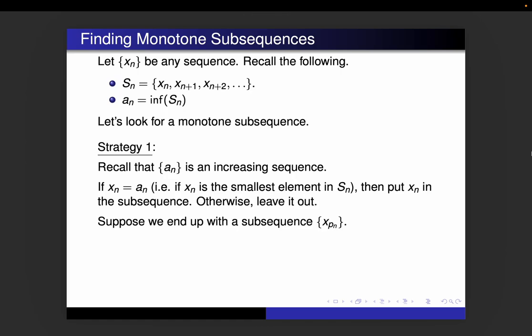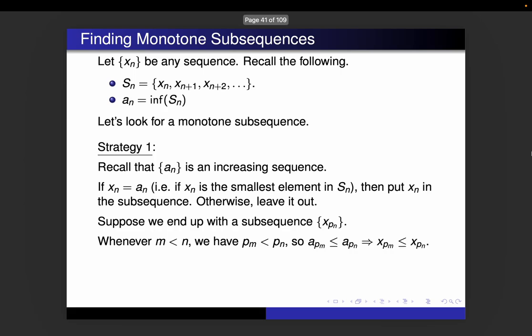So suppose we end up after this process with a subsequence, right? x_{p_n}, where each x_{p_n} is equal to a_{p_n}. Well, whenever m is less than n, we have p_m less than p_n, right? That's the definition of a subsequence. That means a_{p_m} is less than or equal to a_{p_n}. That's what it means for a_n to be an increasing sequence.